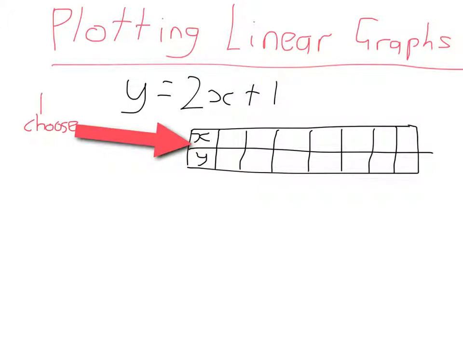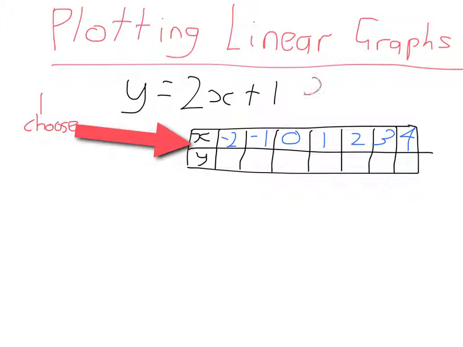I'm going to choose a couple of negative and some positive values. I'm going to start with x is minus 2, then minus 1, 0, 1, 2, 3, 4. It didn't have to be these numbers, but I wanted some negative and some positive ones. I haven't actually figured anything out yet. To find the corresponding y values, I substitute into the equation, and you can use your calculator. y equals 2x plus 1 is the equation.